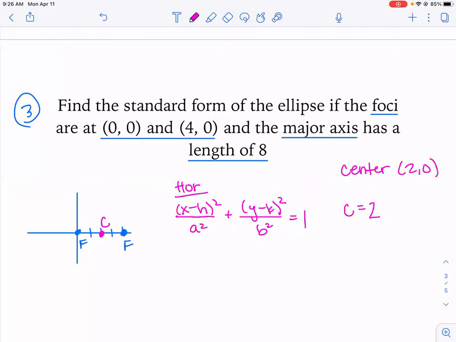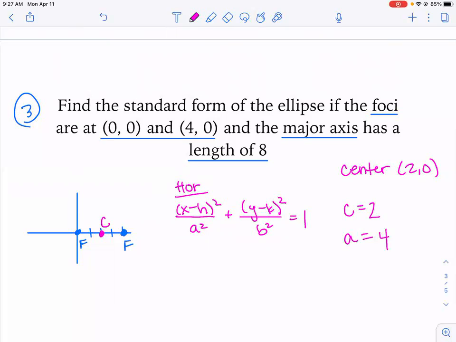The major axis has length of 8. Isaac, what is that going to help us figure out? Okay, if our major axis has length of 8, how far are our vertices from the center? 4. Our major axis is double A. So A is 4.